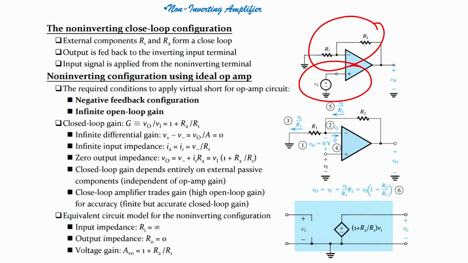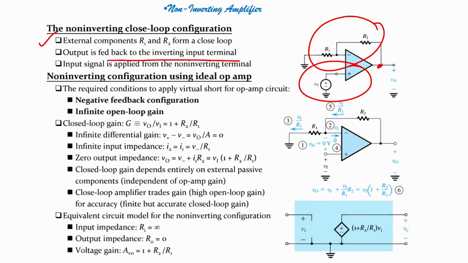Okay. So if I look at the non inverting closed loop configuration, first, the external components R1 and R2 form a closed loop, similar to the inverting amplifier. Second, the output is fed back to the inverting input.